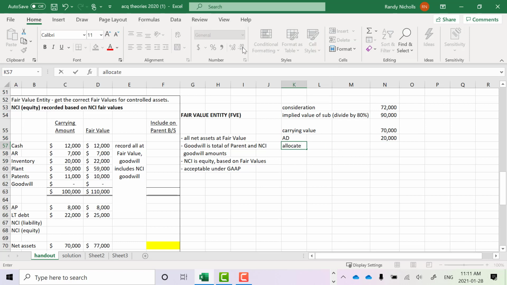Okay, when I allocate this, I'm going to look at the total asset. So I don't have to worry about that 80% math anymore. It's the total difference. So inventory, I'm not going to do formulas here just because I know the numbers from doing it a couple times. The plant, 59 minus 50 is 9,000. The patent, the fair value is less, so it's minus 1,000. And the long-term debt, 25 to 22, again, it's a minus, so it's 3,000.